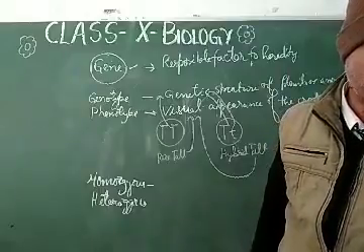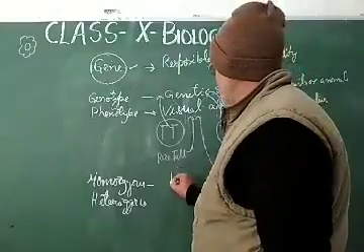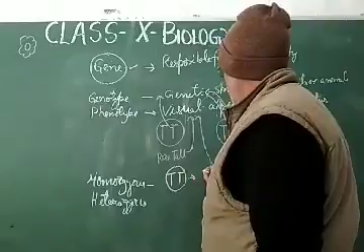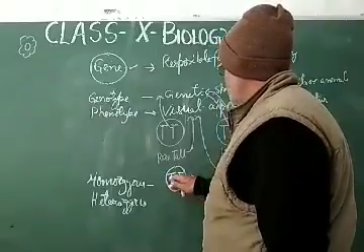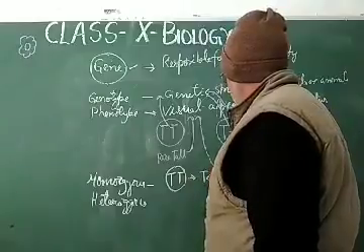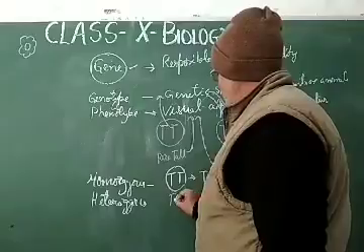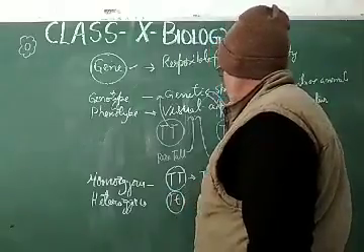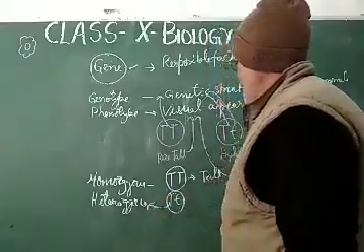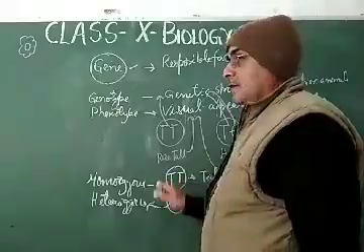Homozygous means this is the tall plant, where both capital T and capital T combine for the tall plant, while capital T and small t is also for the tall plant, but that is heterozygous.